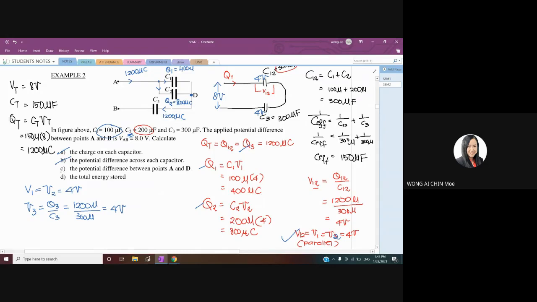Okay, next you want to find the potential difference between point A and also point D. The potential difference between them is the one that we want to find.